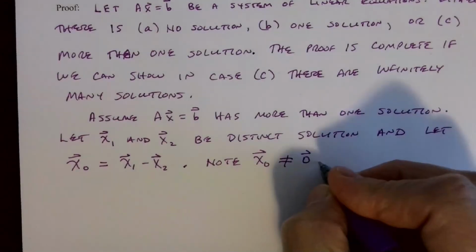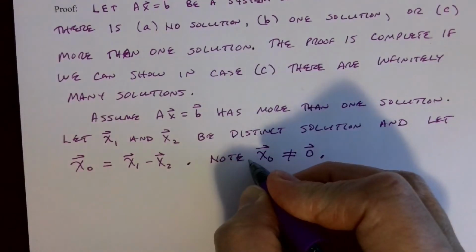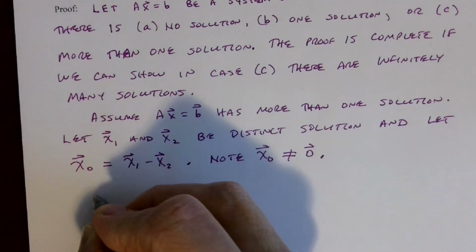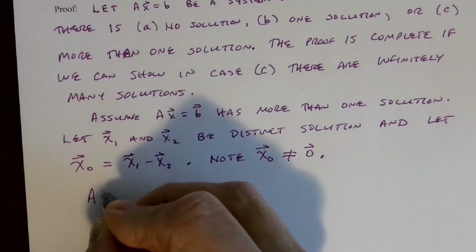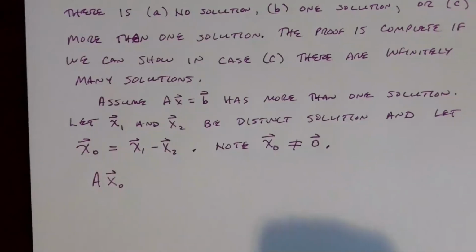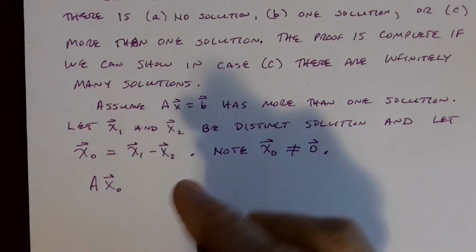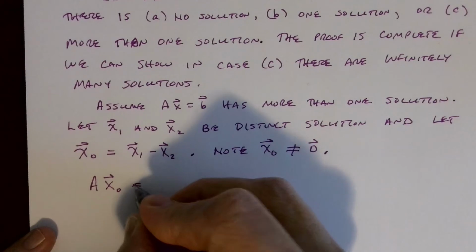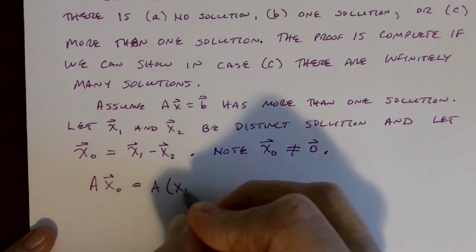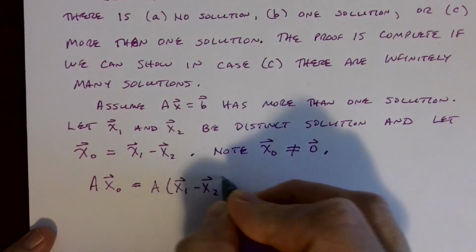Okay, that's my first thing I want you to note. And then what I want to look at is A times x sub 0. I know AX equal B is the system I'm looking for. What about A times x sub 0? Well, if I replace x sub 0 with x sub 1 minus x sub 2, I have this.